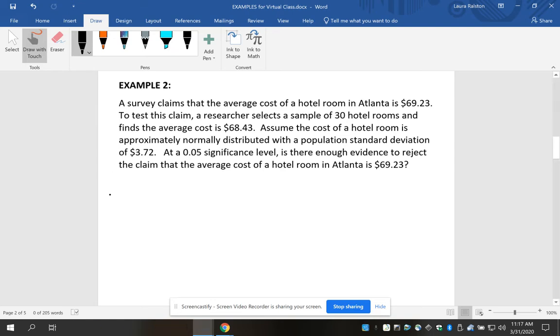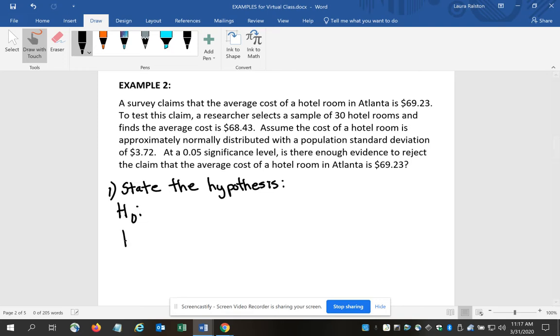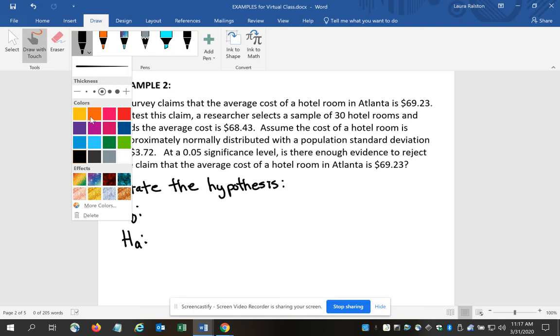So again, our first step in the hypothesis process is to state the hypotheses. Typically we have the null, which is H sub O, and the alternative is H sub A. And again, you want to look for those words like claim, believe, think.